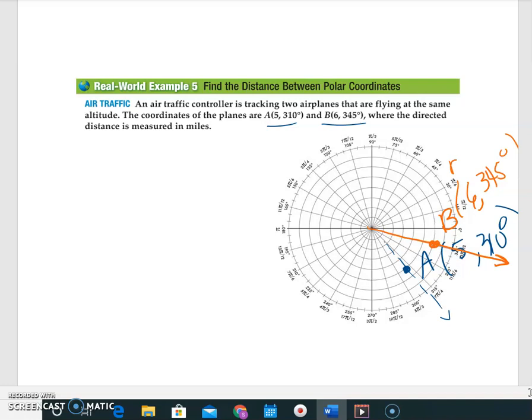I'm going to let this be r1 and theta 1, and I'll let point A be r2, theta 2.